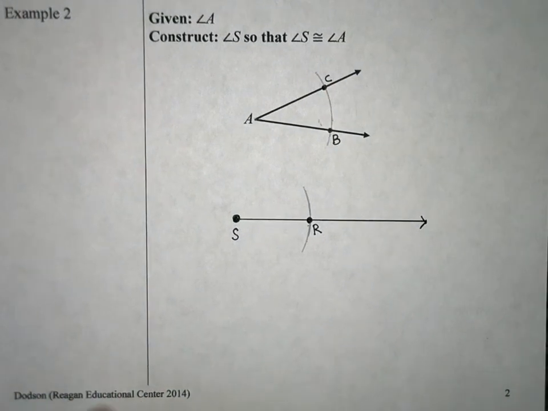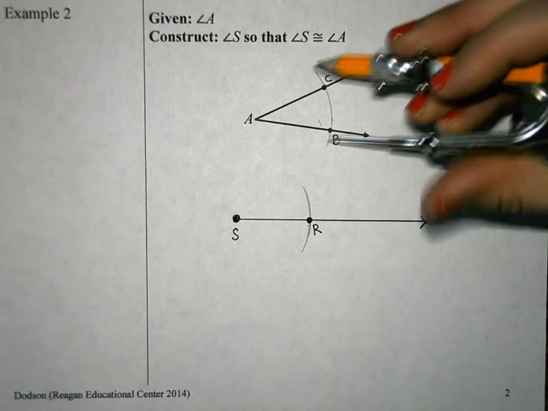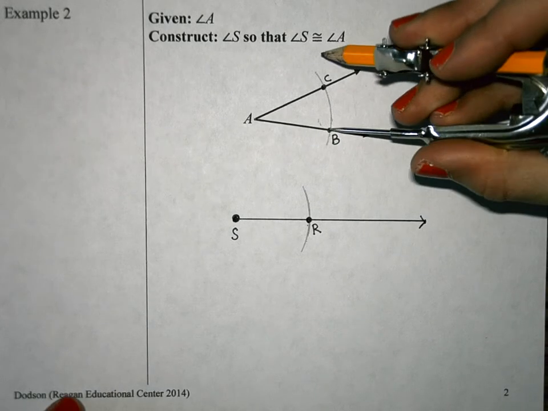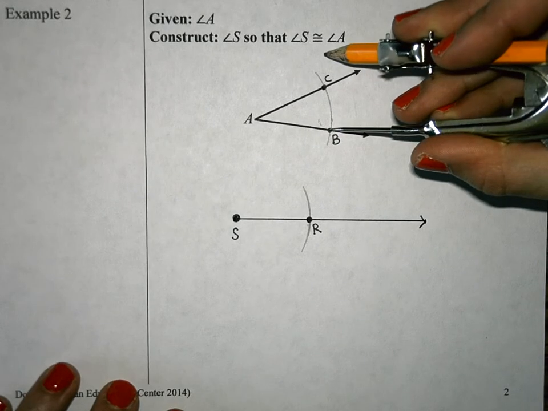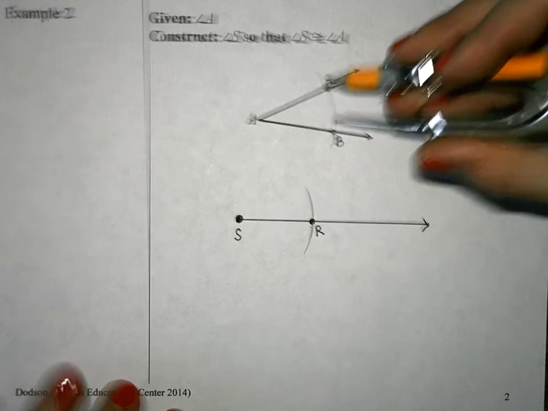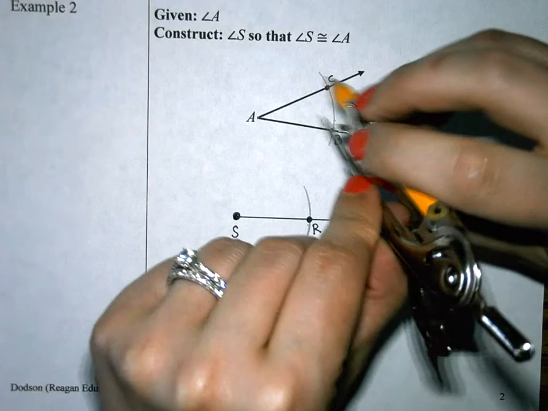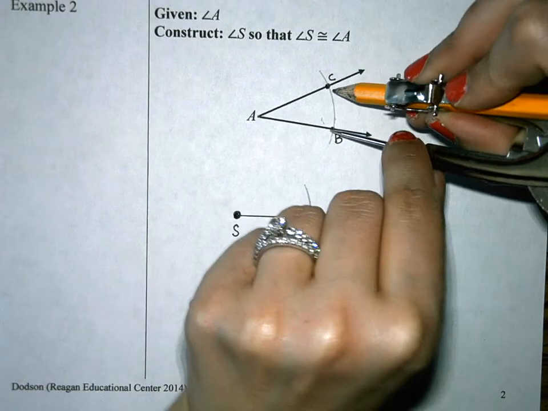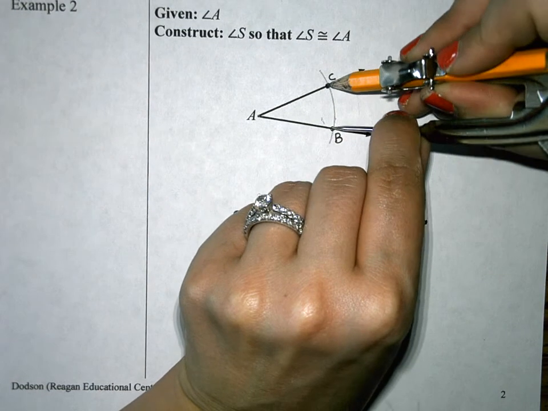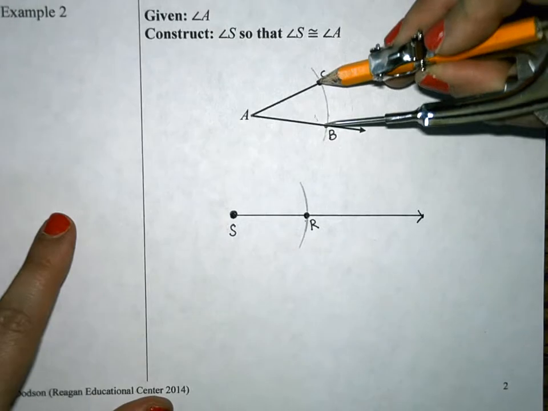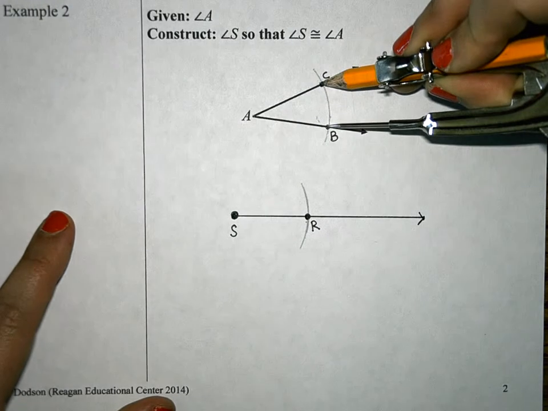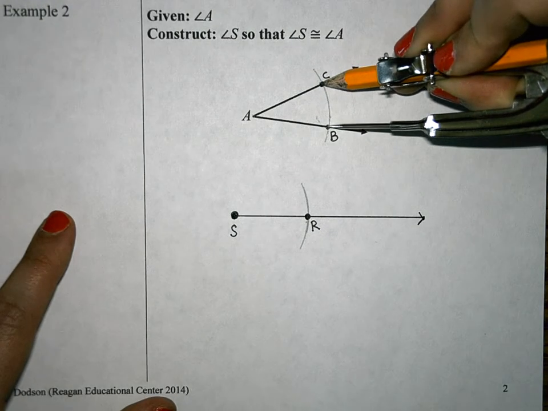So I'm going to take my compass, and this time I'm going to make it so that its distance goes from point B to point C. So let's get it from point B to point C. Now my compass goes from point B to point C.